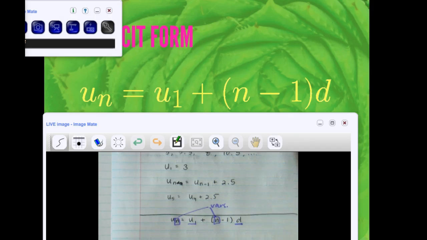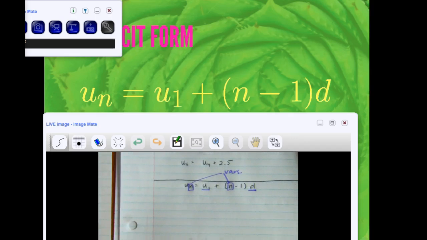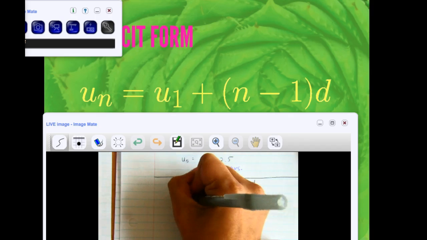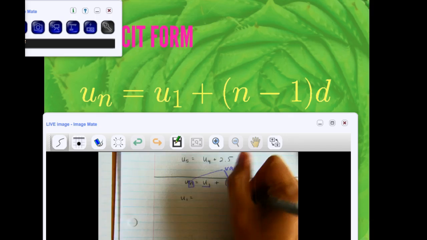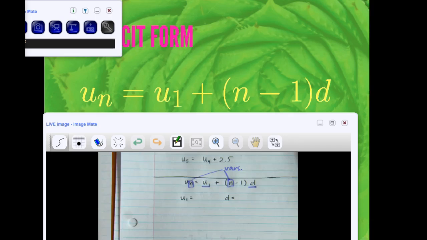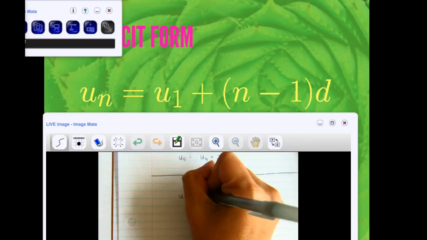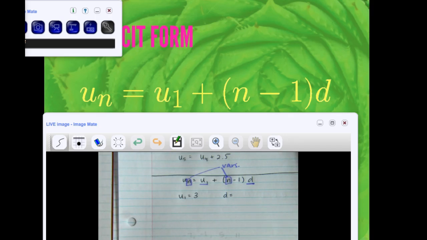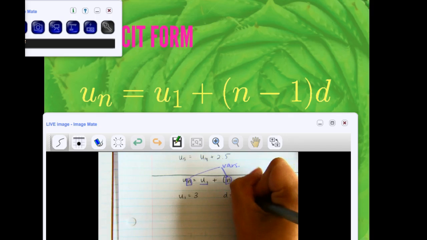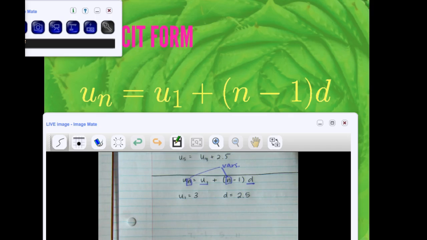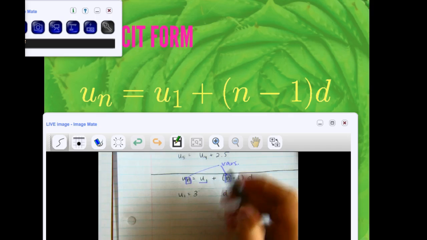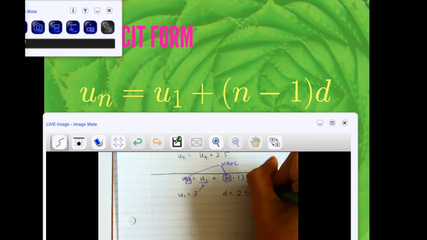So in order to figure this out, I need to know what is u sub 1 and what is the common difference. Go ahead and pause. You should get that my u sub 1 value is 3 and my common difference is 2.5. Now that I know those values, I can substitute them into that formula.